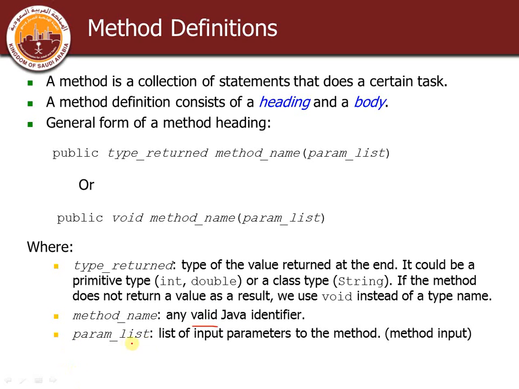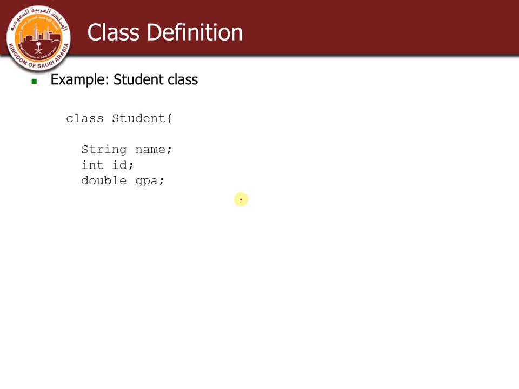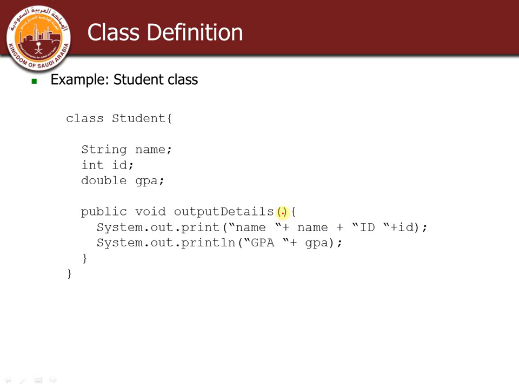And the param list, this param list over here, is a list of parameters. What is a list of parameters? We're going to be talking about it later, but just to give you an idea, this is a list of variables. Like I can put int a. This is one list of parameters. We can have only one parameter, or maybe more, or zero. Like in the example we've seen before, the output method has nothing between the parentheses.